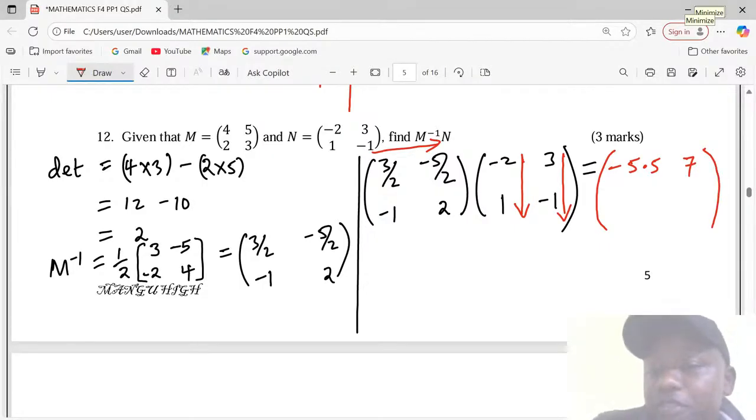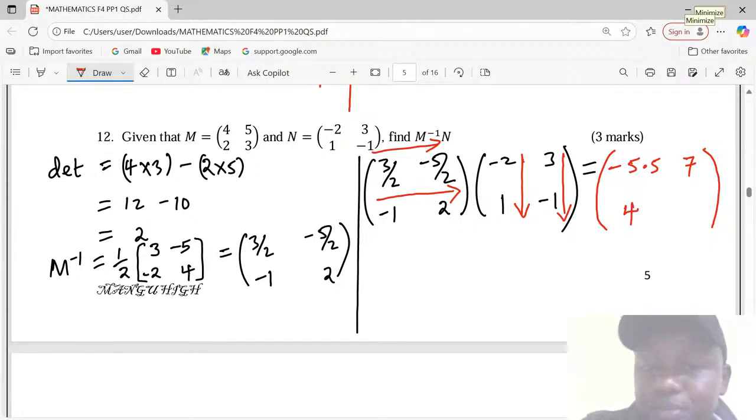Then the elements on the lower row, we need the second row times again the first column. So we take negative 1 by negative 2 plus 2 by 1, and that gives us 4.